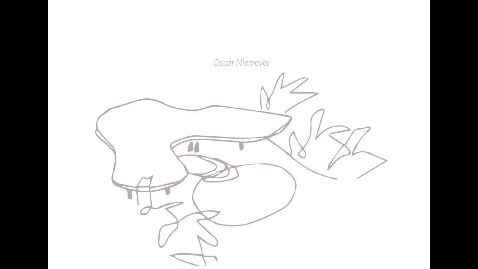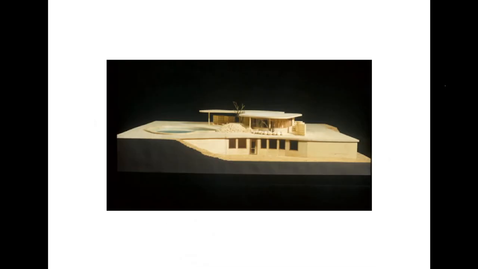The most intriguing feature of the Canoas house is the synthesis of minimalist and organic architecture. Oscar Niemeyer's design pays obvious homage to the Farnsworth House in Plano, Illinois, which was designed by architect Mies van der Rohe.